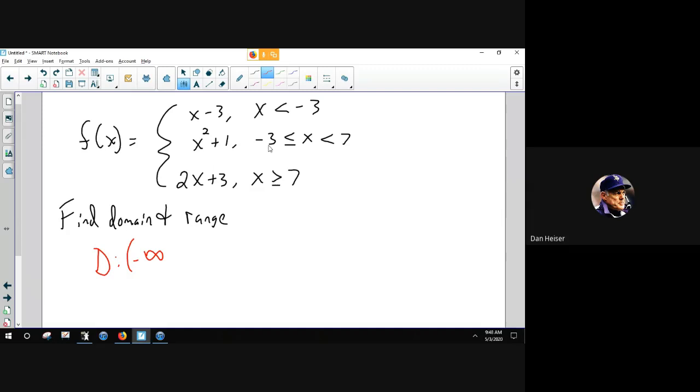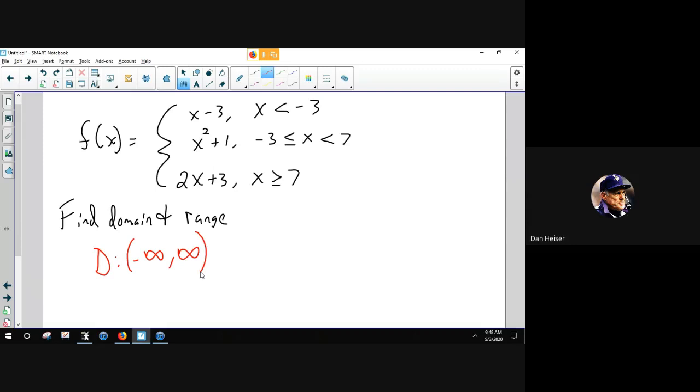So there is no gap. -3 is not used here, but it's used here. So we continue onward. We have no gap at -3. -3 all the way to 7, and then we stop. It looks like we have a gap at 7. Nope, 7 is used down here, and then x has no upper limit.